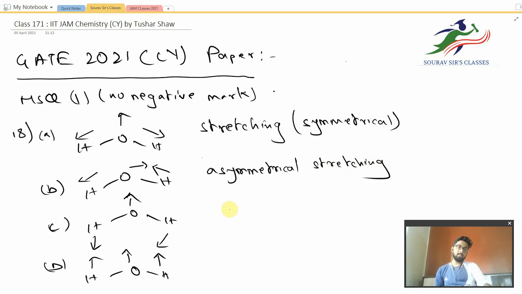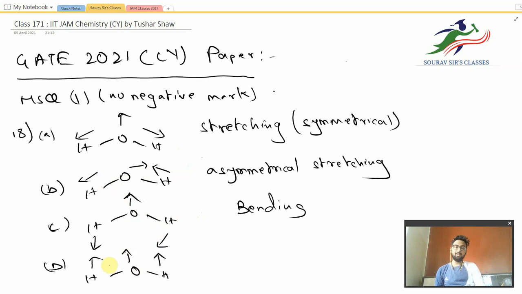The next option here is bending modes. Here you can see that the molecule is elongated towards the edge but not taken away from O, so this is stretching. In this case we have elongation towards one bond and the other bond is getting shorter, so that is asymmetrical stretching. Here the H is being pulled in one direction and O is being pulled in the other direction, making the molecule bend, and that is one type of vibration.